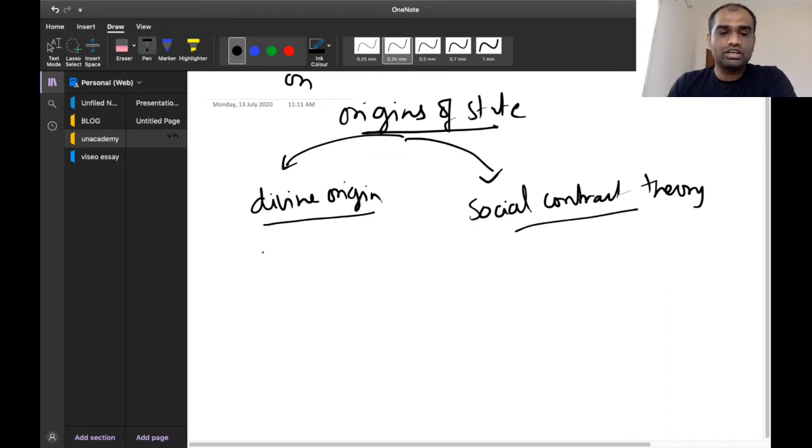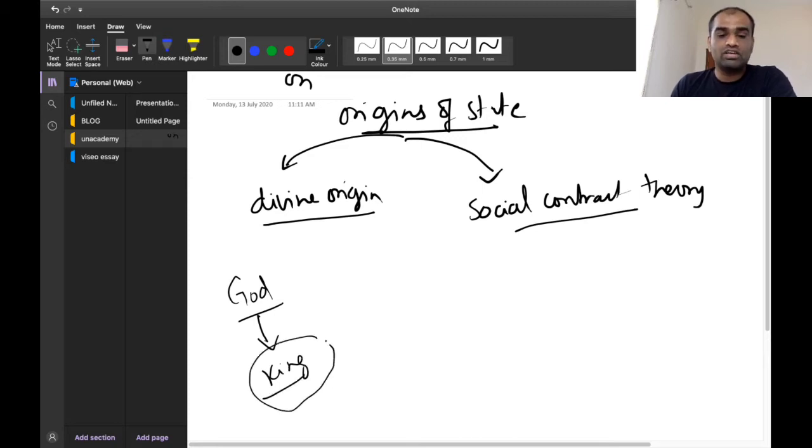Now, if you look at the divine origin theory, it says that God is the most powerful being of all beings in existence. God appoints the king as his sole representative.